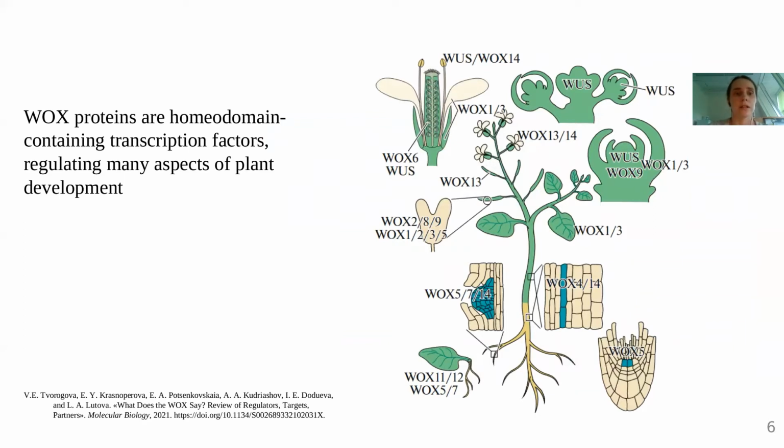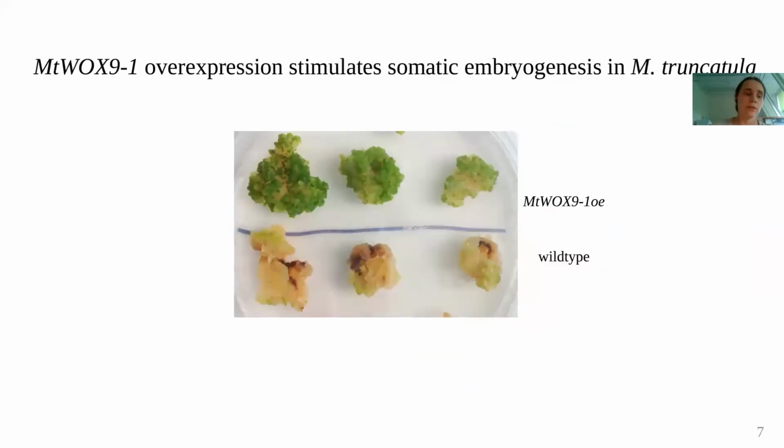VOX proteins are homeodomain-containing transcription factors, which can regulate many aspects of plant development, for example root, shoot or embryo development. We found that overexpression of one of the VOX genes, VOX91, can stimulate somatic embryogenesis in Medicago truncatula. Here you can see wild type calli and calli with VOX91 overexpression, which have many more green somatic embryos on the surface.